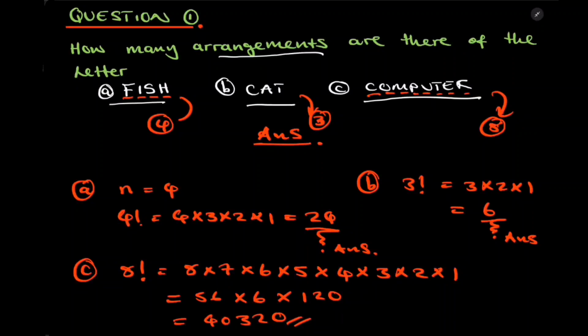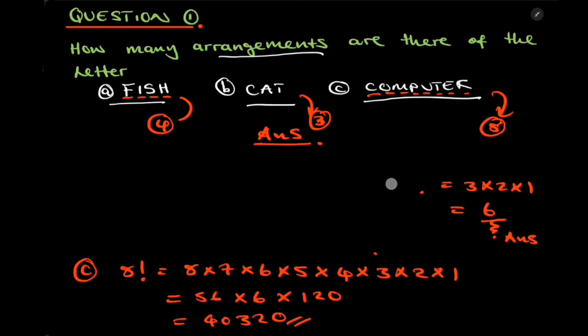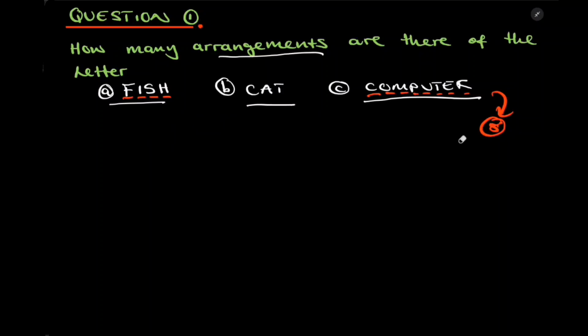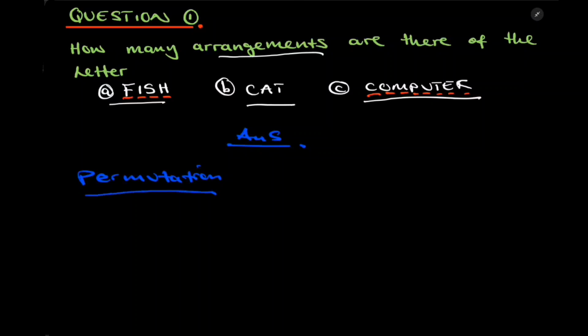Okay, now, how can you use permutation to find the solutions of this particular problem? So here's a definition for permutation. Let's get rid of everything. When you say permutation, it's also ways of arranging items.